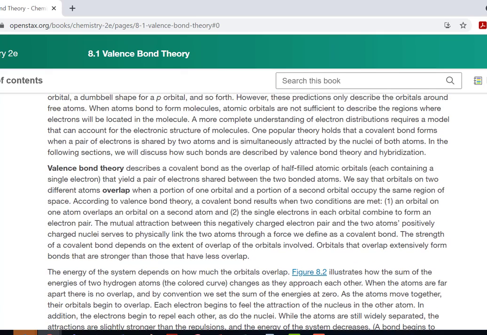A few things to point out about this: we're looking at an overlap of the atoms themselves, and we're not really looking at changing what the electrons are doing. We're just saying when they overlap, we have this attraction from one nucleus to the other electrons.